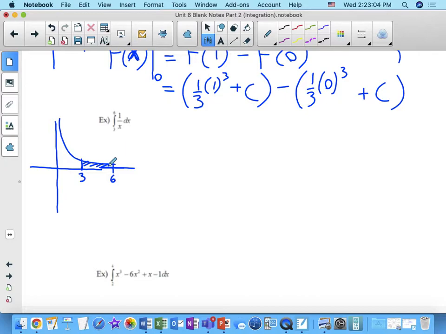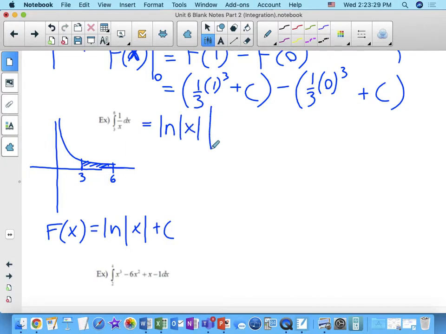All right, so if we have our capital F of x, the antiderivative of 1 over x would be ln absolute value of x, plus c. So this is going to be equal to ln absolute value of x from 3 to 6, which is ln 6 minus ln 3.